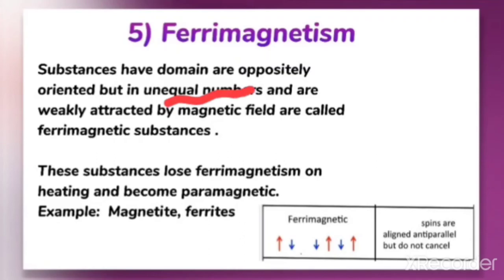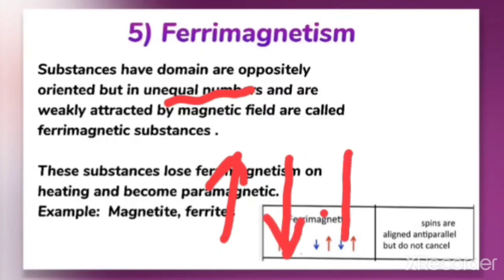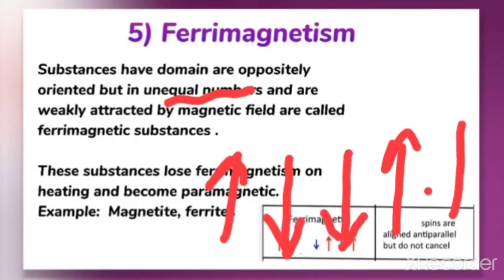Here also you can see that the magnetic moments are oriented in opposite directions. If one is in this direction, the other is in the opposite direction, and the next one is in this direction again. But you can see that they are not in equal numbers.